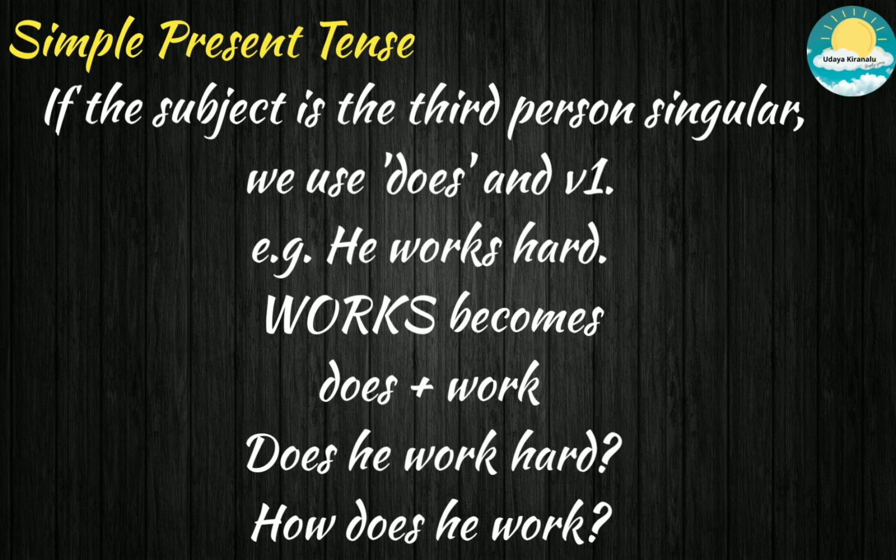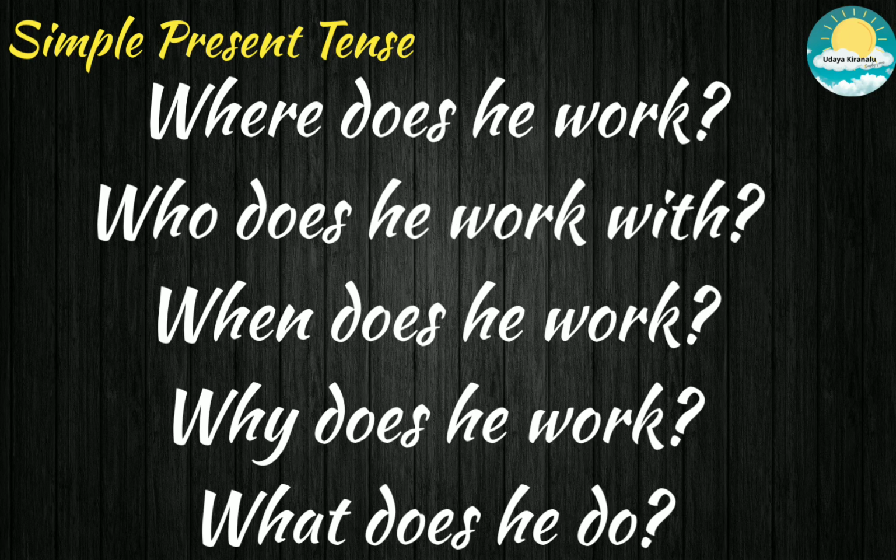After making the yes-no question, we can make a WH question. The question is, how does he work? Like this, we can make so many examples. We can use the yes-no question as a base to make WH questions.